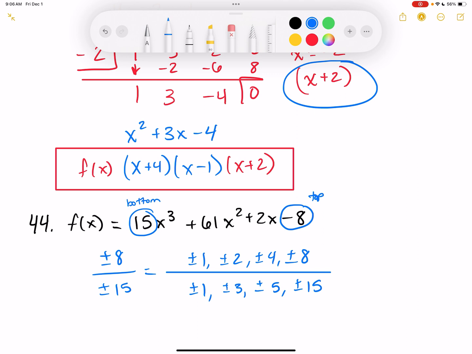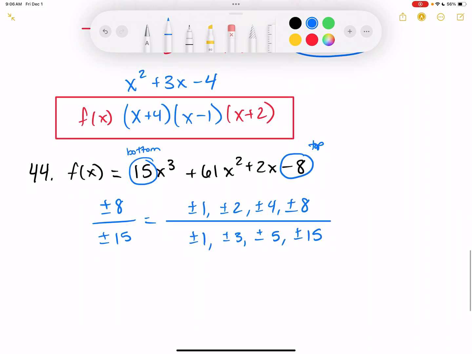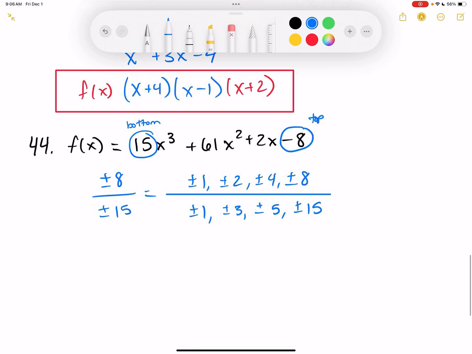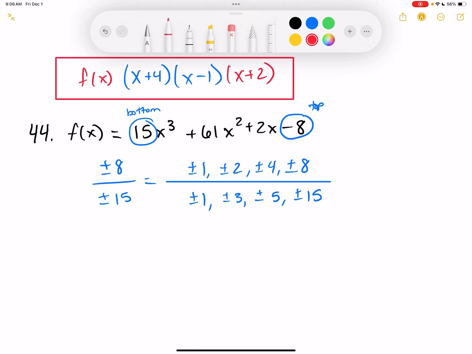Then I'm going to write a list of what all the ones could be before I graph it, because I want to know what I'm working with. Each of these numbers is going to be put over top of each of these numbers down here.